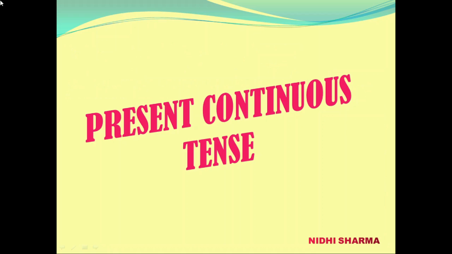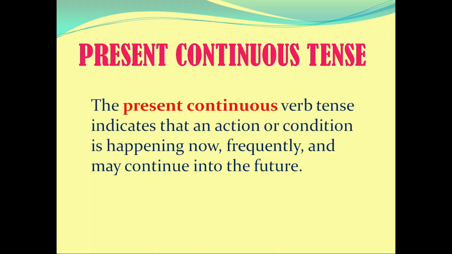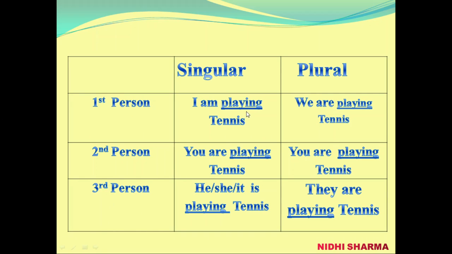Now, the next type of tense is the present continuous tense. The present continuous tense indicates that an action or condition is happening now, frequently, and may continue into the future. I am playing tennis. So here you see that we have used am.